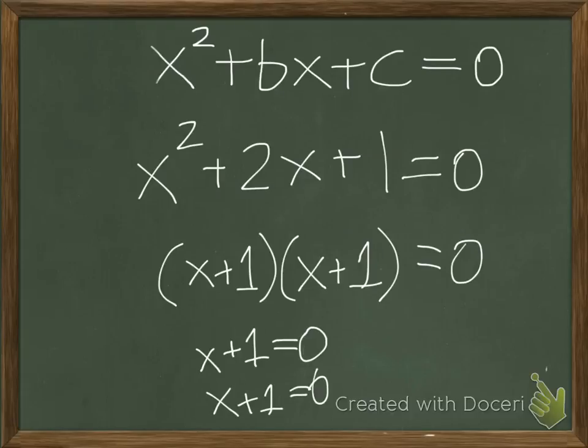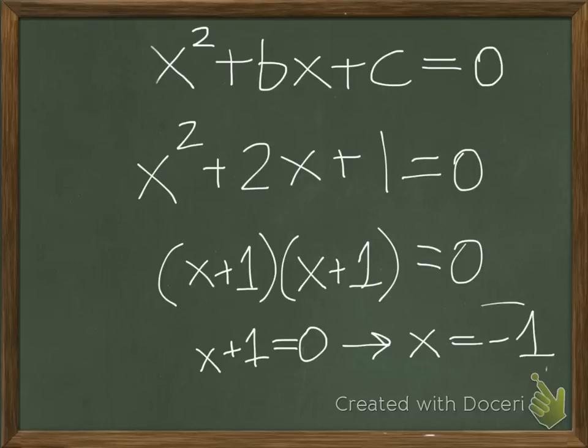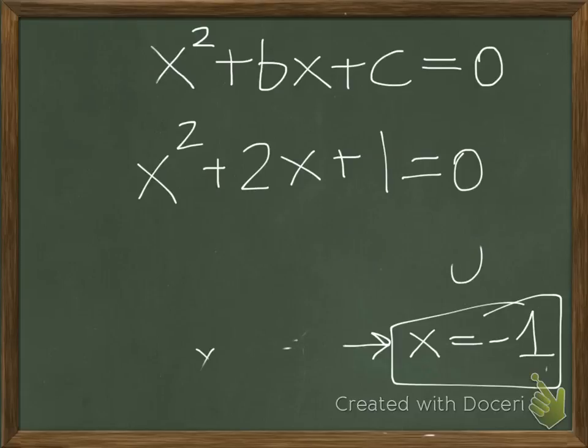But they're the same thing. So this is interesting. This quadratic has x equal to negative 1 as the only solution. So some quadratics have only one solution, or the solution is repeated. And when we go over graphing quadratic functions, you'll actually know why this happens. So that was an interesting one.